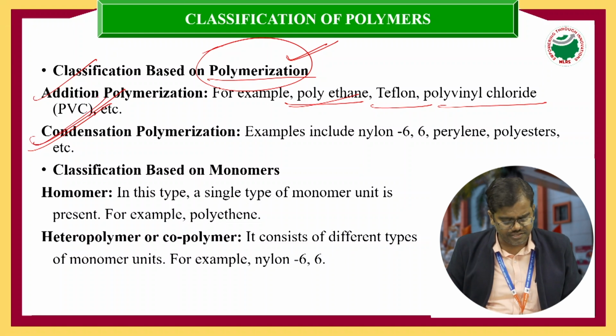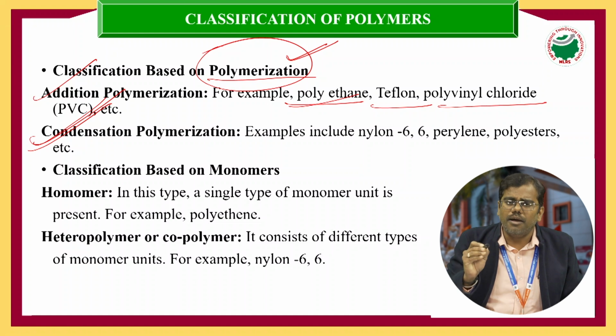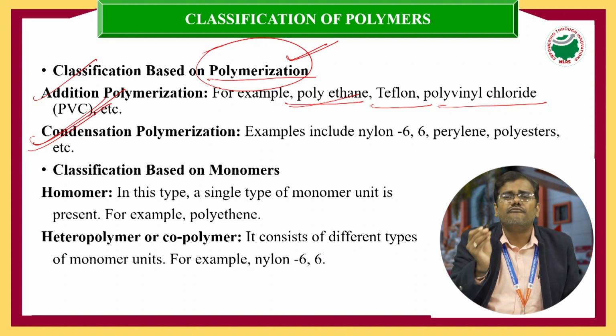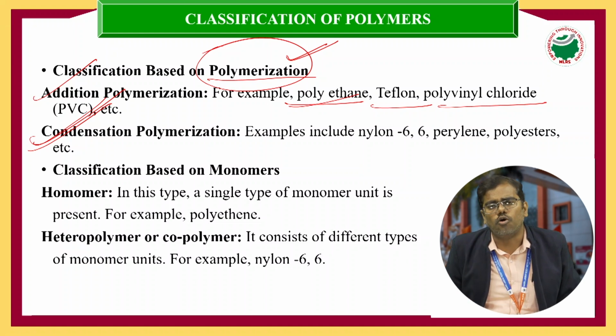In this polymerization, a macromolecule, or giant molecule, is formed by eliminating smaller molecules from monomers containing polar groups.